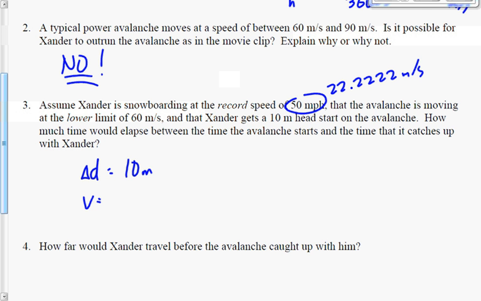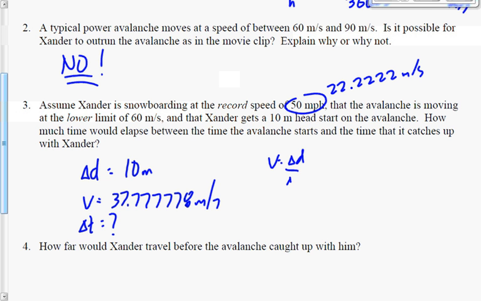And we're going to get that by saying 60 meters per second minus 22.22, 37.77778 meters per second. Right, relative to the ground, it's traveling at 60, but relative to Xander, because Xander's moving as well, it's only going at 37.7. That makes sense? So if he has to make up 10 meters, travel 10 meters relative to Xander, and he's going at 37 meters per second relative to Xander, how much time is that going to take?